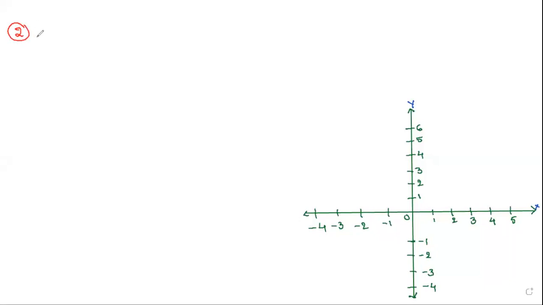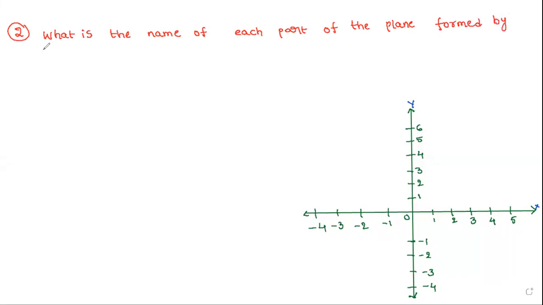Second question: what is the name of each part of the plane formed by these two lines?